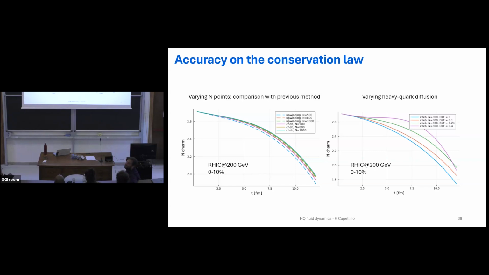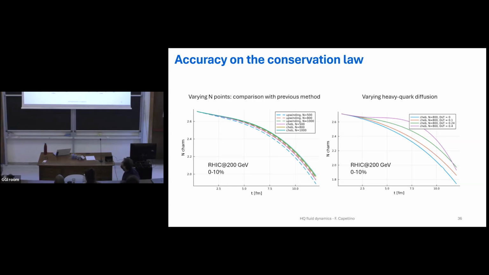Yes. So from the left-hand side, what we learn is just that if I compare curve by curve for the same number of points, Chebyshev versus the previous approximation, Chebyshev is always better.